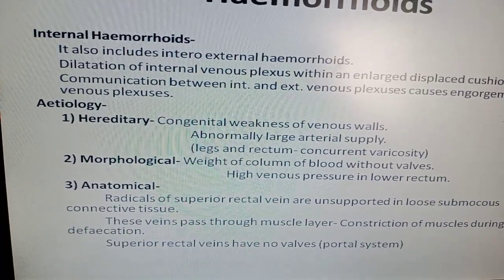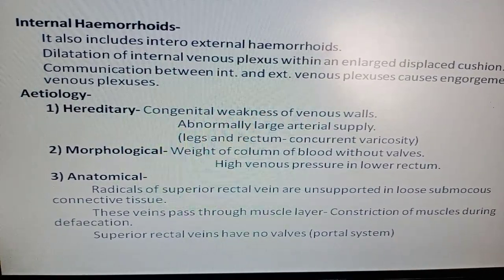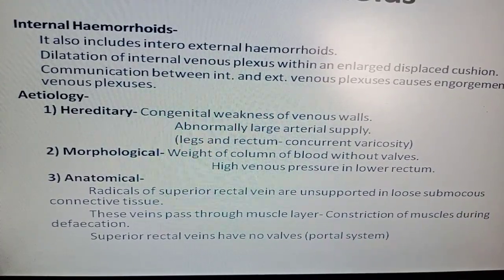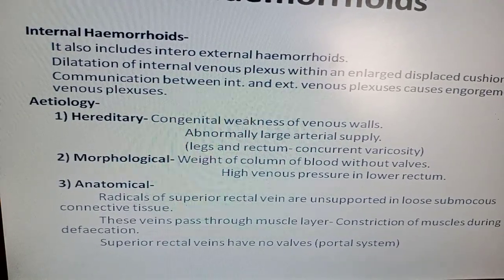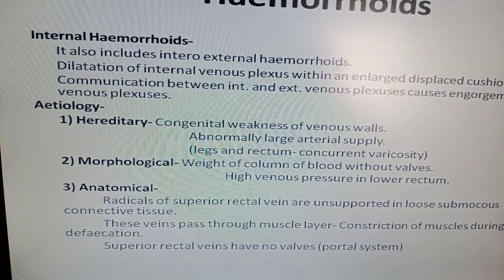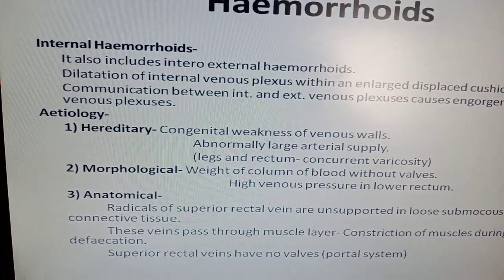When these rectal veins pass through the muscle layer, what happens with the constriction of the muscle during defecation, when the person tries to strain, tries to pass feces? There will be contraction of the muscles in the muscle layer of the rectum, and that will cause pressure.